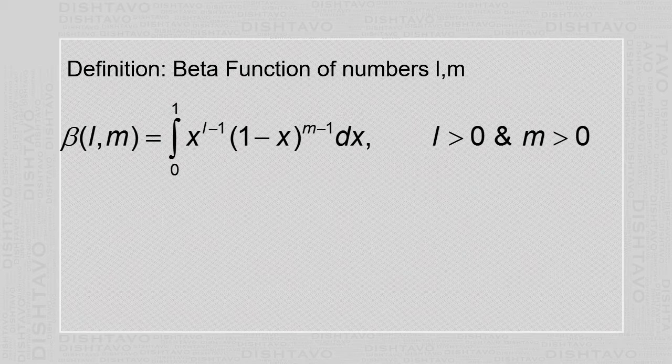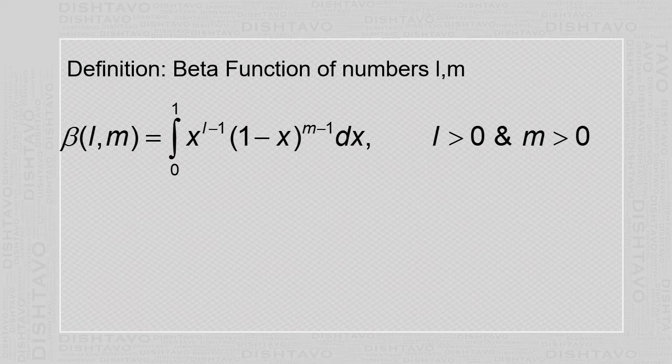One can replace this x by y, or it can be replaced by z or p or t, because in a definite integral, what the symbol for the variable is, is immaterial. Now suppose you have an integral which is to be evaluated, and that integral is of this form: some variable raised to some power, and one minus the variable raised to another power.